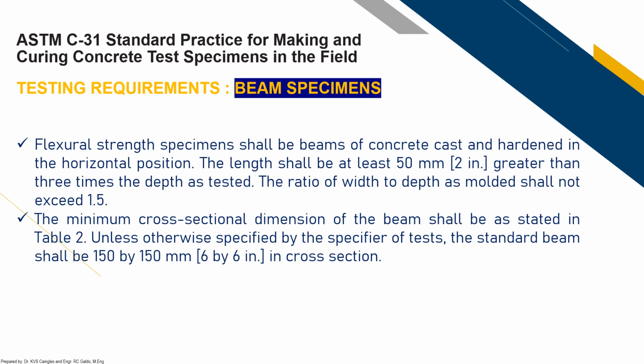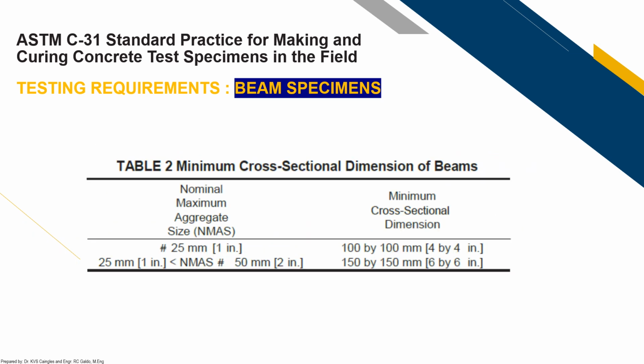Next, for beam specimens, there is a table, a summary under ASTM C31 as well. We have here a column for your NMAS, or nominal maximum aggregate size, and also your minimum cross-sectional dimension. So the cross-sectional dimension of the beam mold you will use depends on the nominal maximum aggregate size.